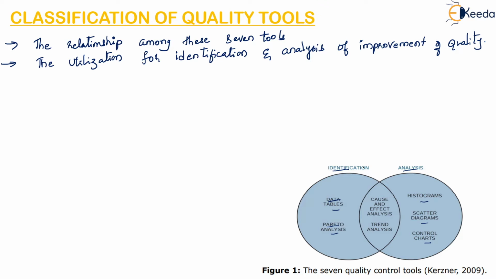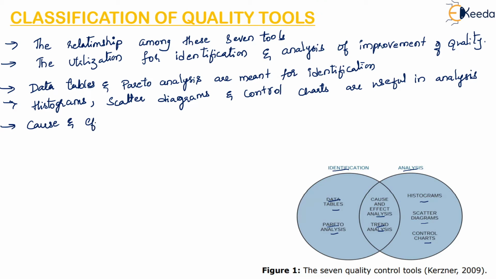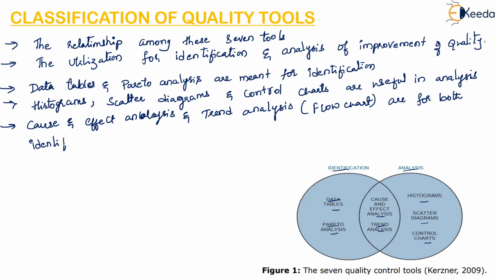For both identification and analysis we can use cause and effect diagram or cause and effect analysis, which is also called as Fishbone Diagram, and there is trend analysis which will both identify and analyze the process. This trend analysis is nothing but the flow charts.